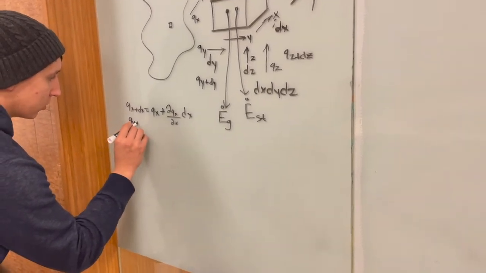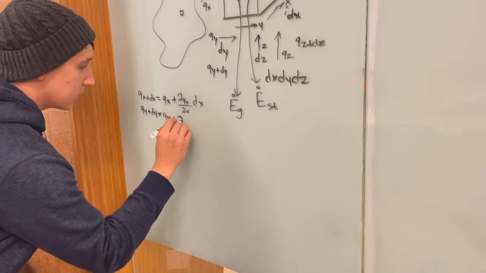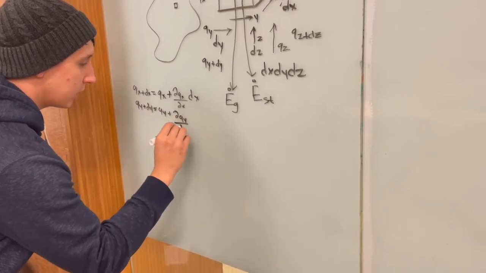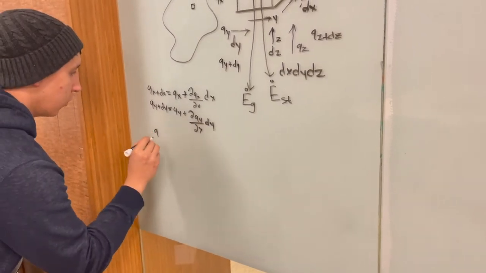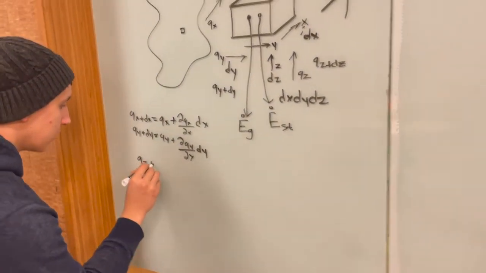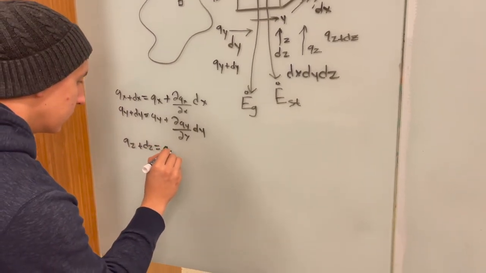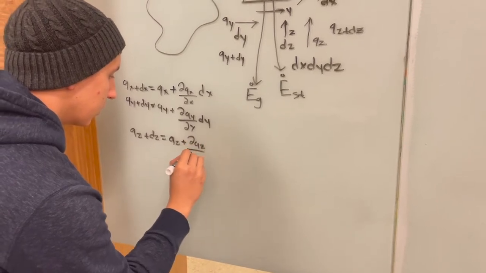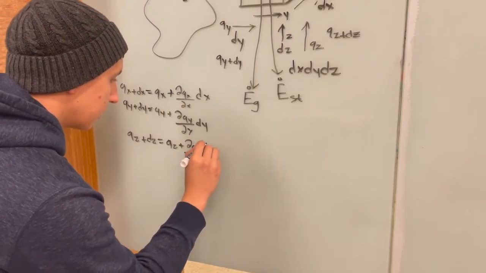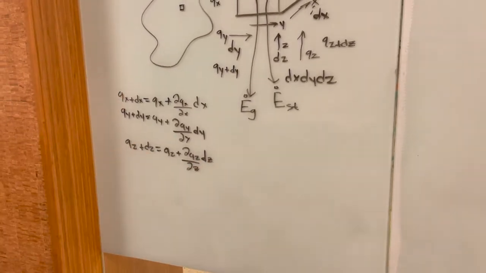Let me just write those real quick, so you guys can see them. That's y. And let's do the same thing for our z term. qz plus the gradient in z times the differential distance z.